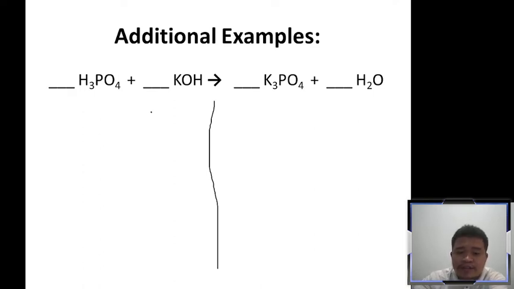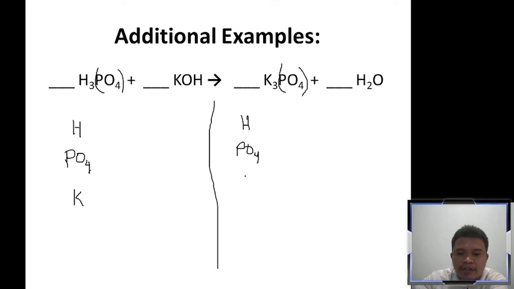Now, let us balance this chemical equation. First, let's identify ions here. As you can see, we have hydrogen. Then we also have a polyatomic ion here, PO4. You can see it's intact on both sides of the equation. So I'm going to write hydrogen here and PO4 here. Another element that we forgot, we have the K, right?